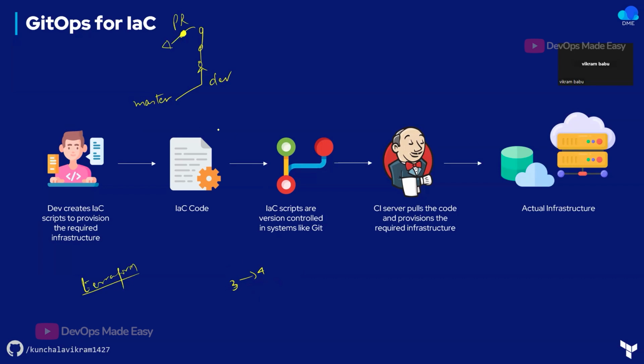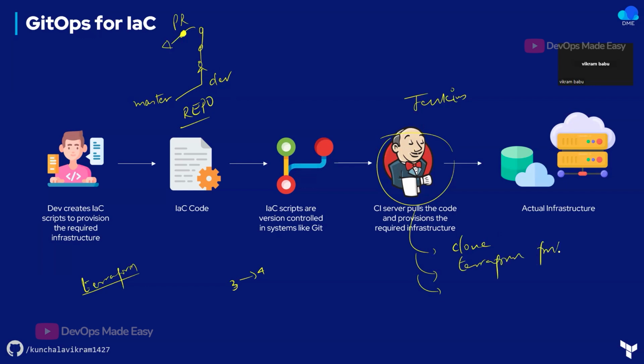So what I can do is I can have some CI tool like Jenkins. I'll configure Jenkins in such a way that whenever a PR is opened in this specific repository, it will clone the branch from where the PR is raised, and then it runs some commands like Terraform format, Terraform validate, and it will also do Terraform plan.